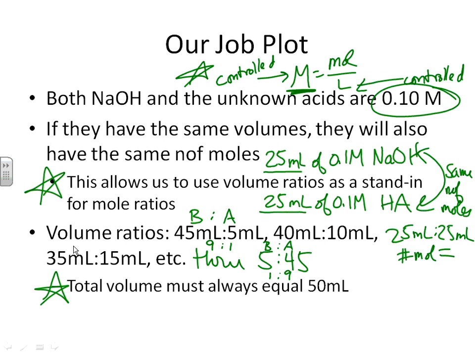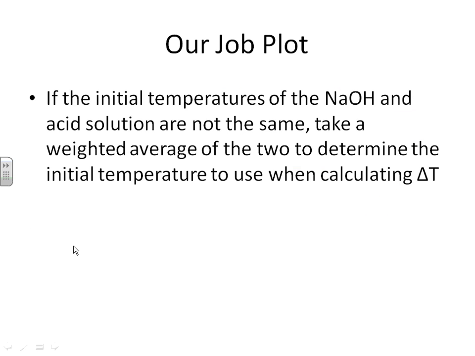Total volume always has to be 50, and remember that this ratio right here, the 9 to 1, the 1 to 9, in the case of the 40 to 10, the 4 to 1, that's representative of the coefficients. You're basically asking, is the correct coefficient between the base and the acid, is the base 9 and the acid 1? If you get the most product on that particular trial, then yes, that would be considered the correct ratio, the correct coefficients.